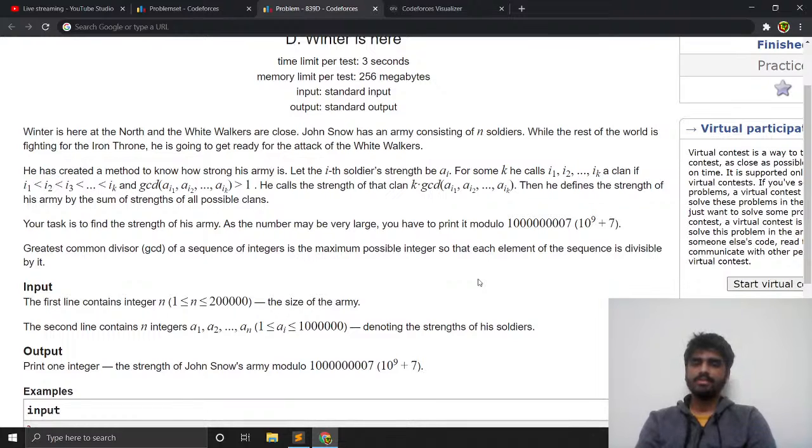If I swap any two elements, the answer won't change. So only the frequency of the elements matters. That is one observation that I made right now. Let's try to make some other observations like this.